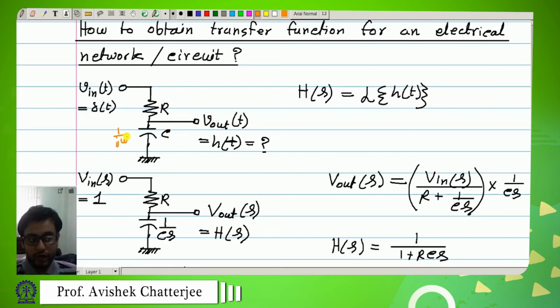That means for large input frequency we will not get much output. But for low input frequency, omega is low, this impedance is high, we will get large output.